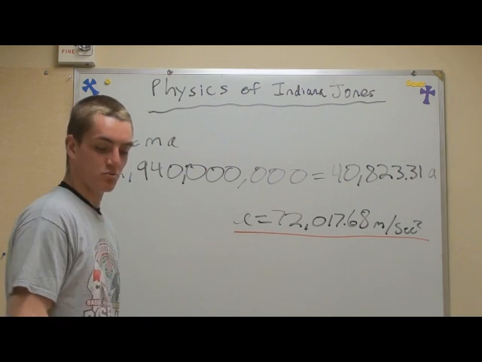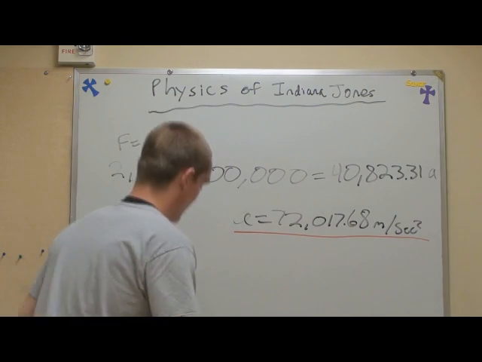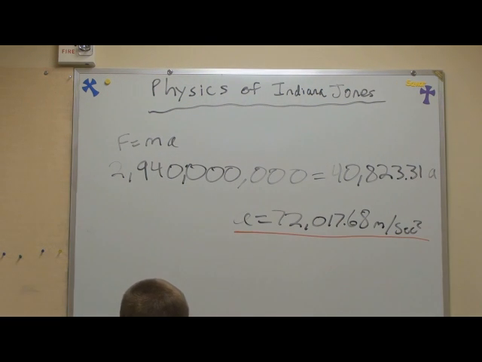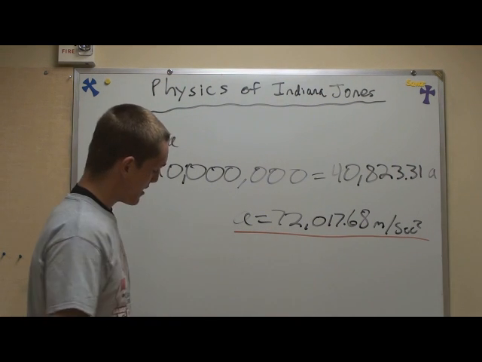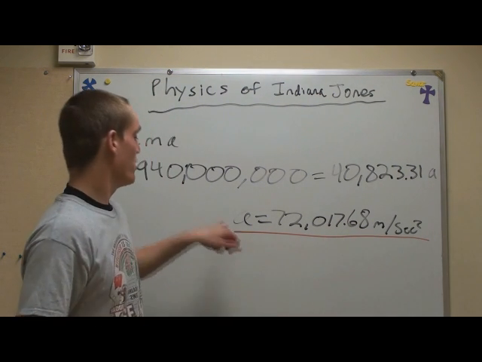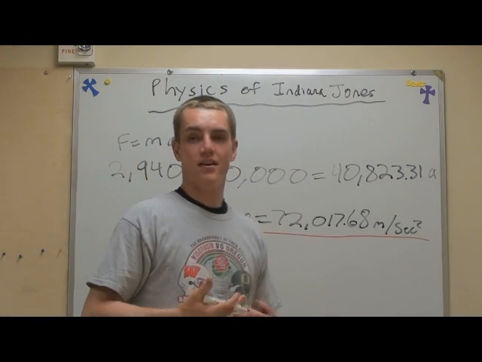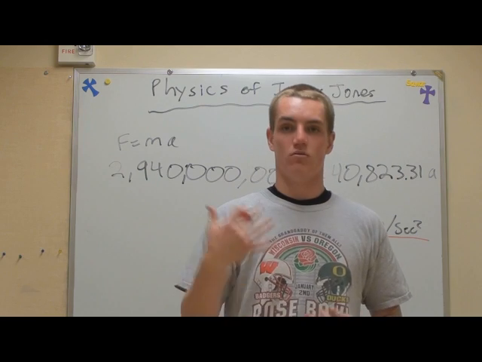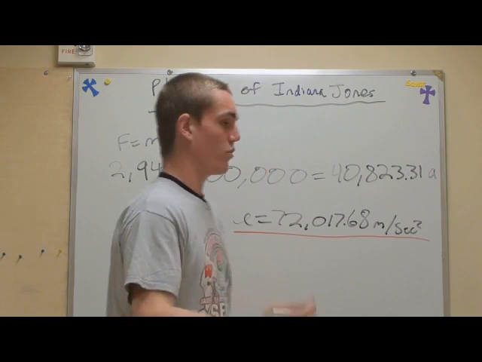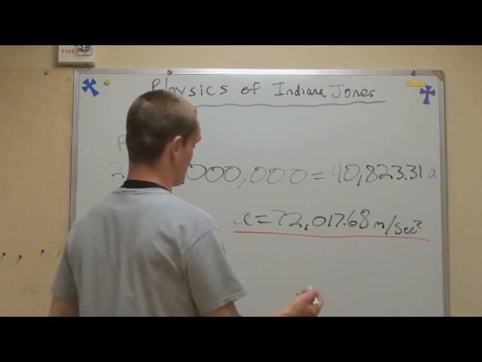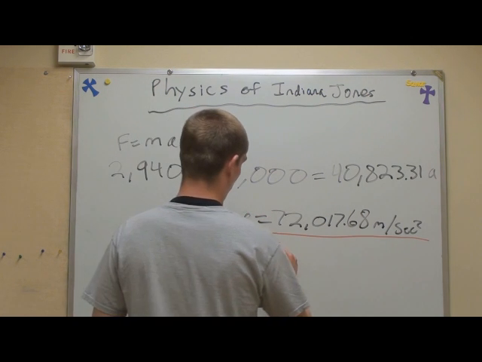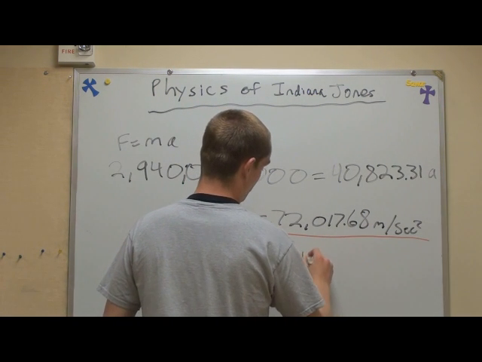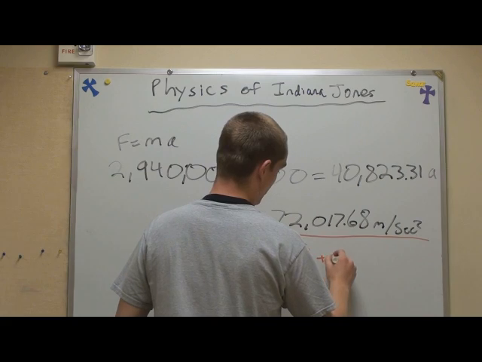So we need to figure out the velocity and when this started. This is our refrigerator, and this is our little Indiana Jones figure. We need to find out how fast this was initially going with that acceleration. To do that, we're going to use an equation from physics, still math-based: V equals VI plus AT.